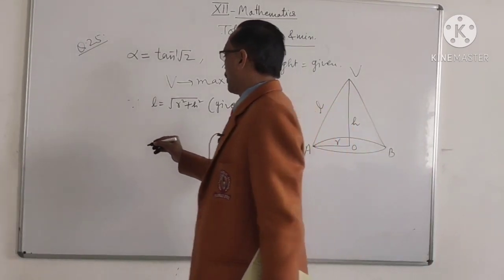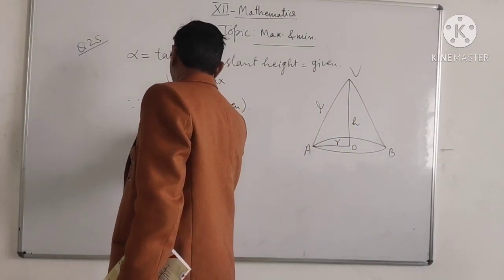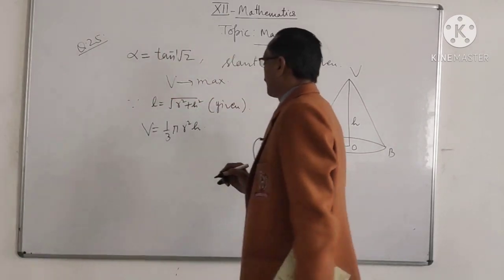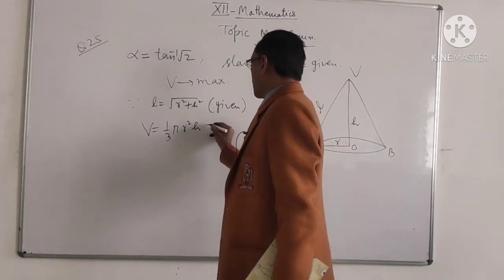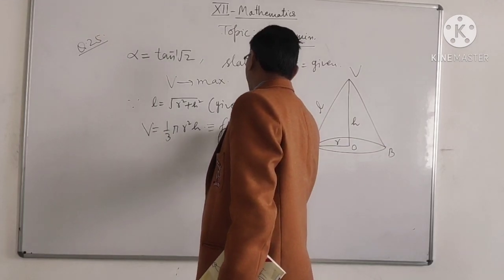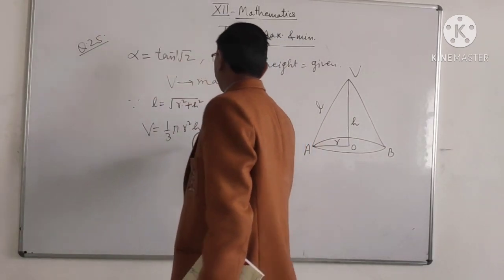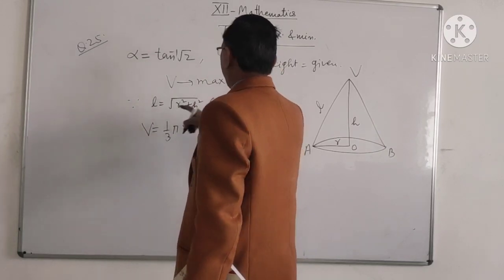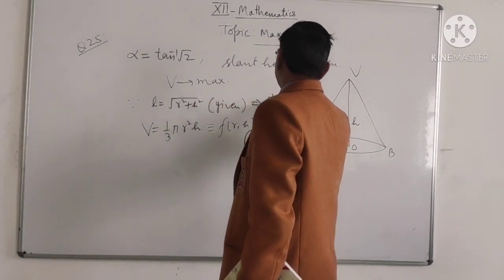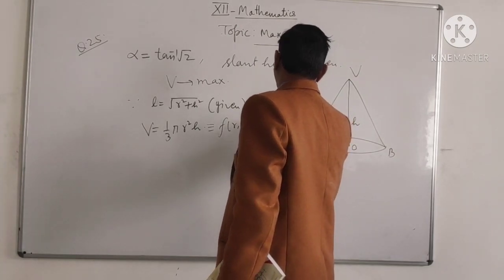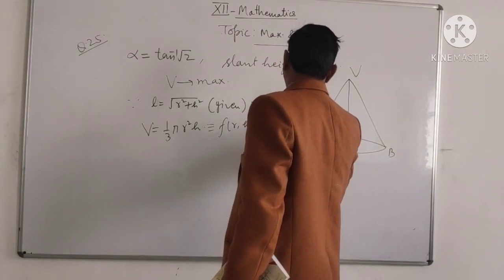Now volume of cone V is 1 upon 3 pi R square into H. So this is a function of R and H. Let us take L square, which is R square plus H square. From this, R square equal to L square minus H square.